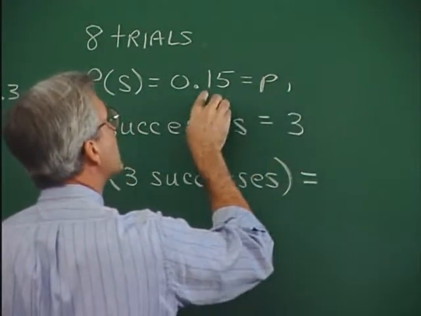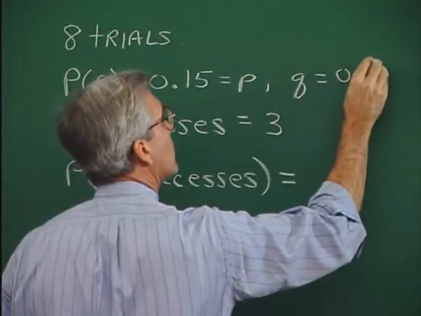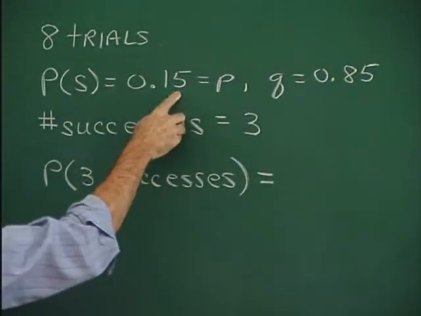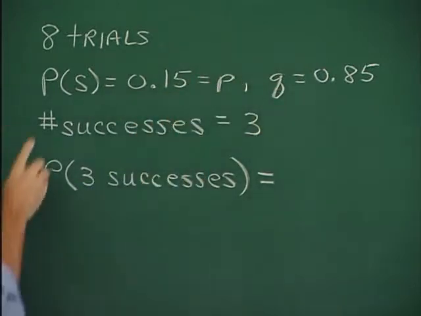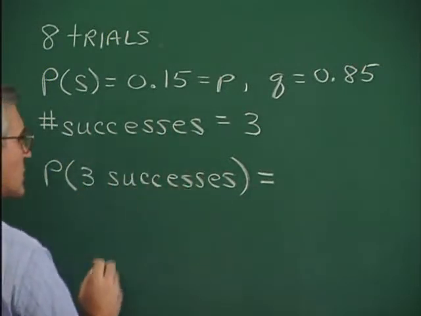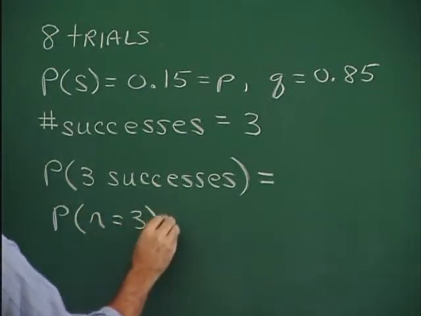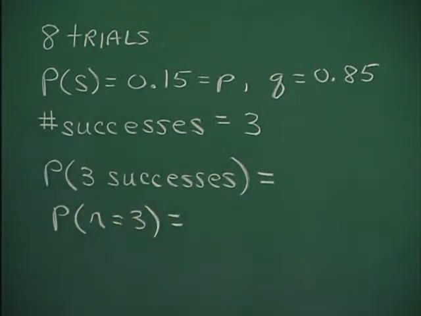If P is this, then Q is 1 minus that. The number of successes is 3, so R is 3. The probability of 3 successes means the same thing as the probability that R equals 3. They say exactly the same thing.